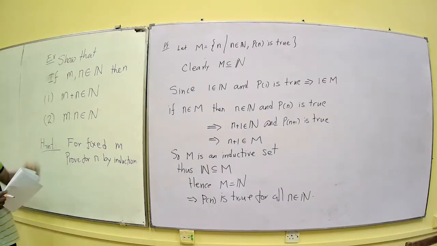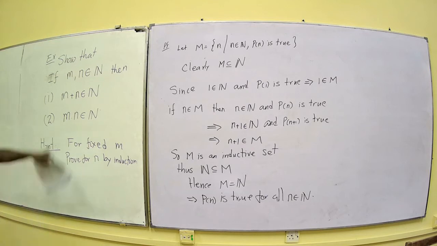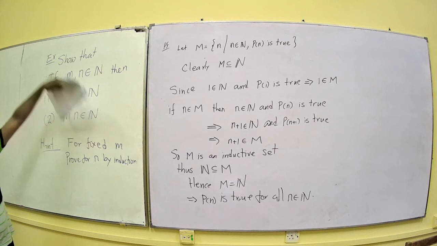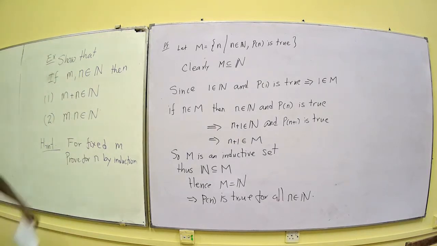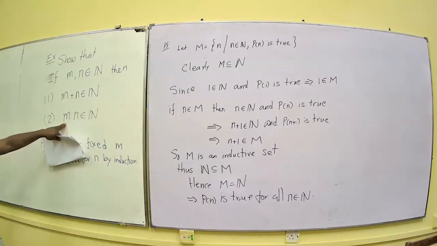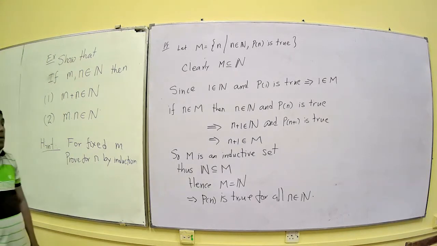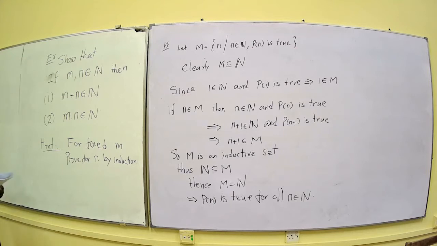Then you can define a statement P(n) as m plus n belongs to the natural numbers, and prove it by mathematical induction. Here also you fix m and say the statement P(n) is m times n belongs to the natural numbers, and then you can prove it by induction. That's how you prove this.